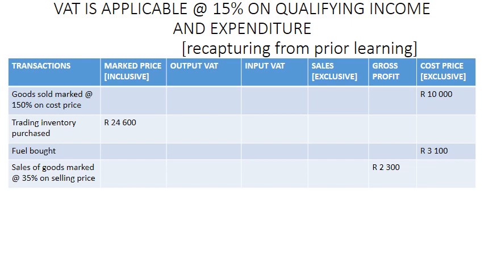We will start with the first transaction where goods were sold which were marked at 150% on cost price, given the cost price amount of 10,000 rand. The amounts that are not given in this line transaction are the following.